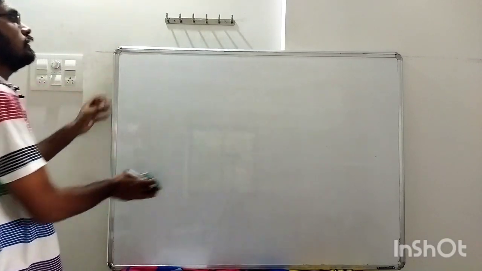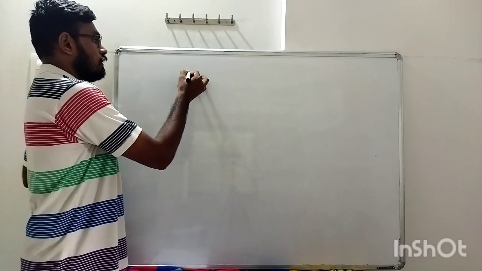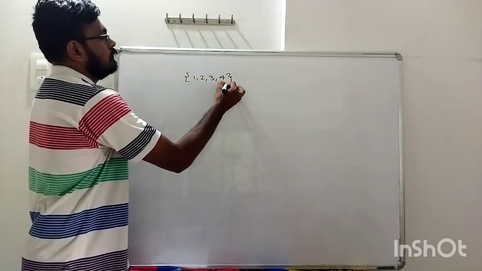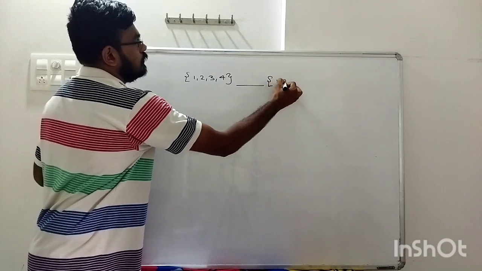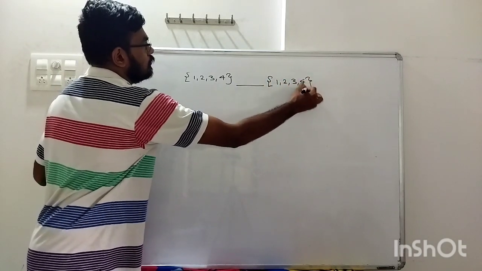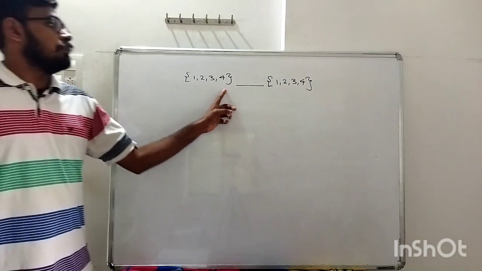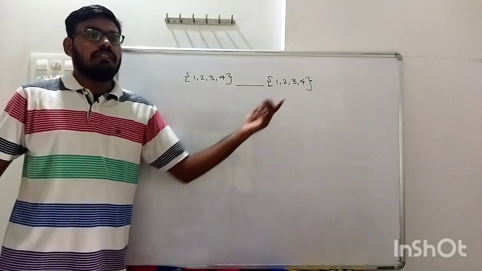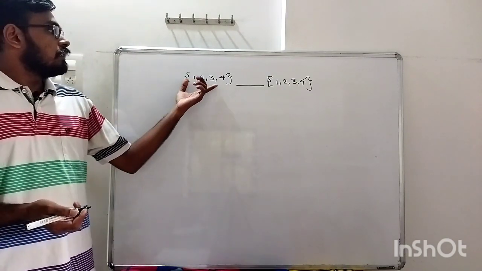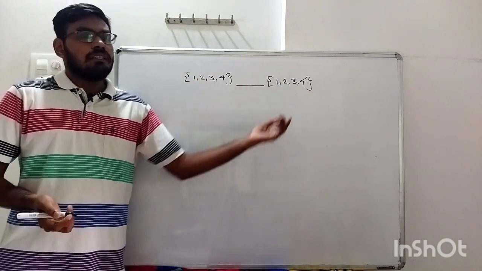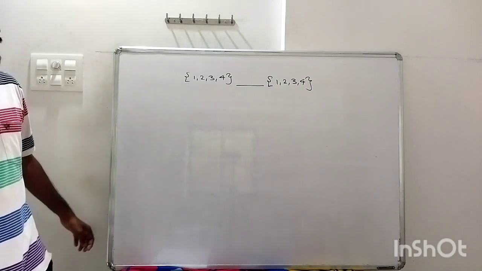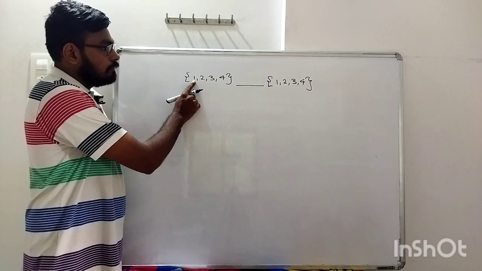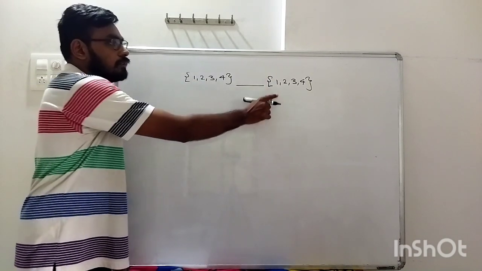Next, 1, 2, 3, 4. This side 1, 2, 3, 4. That side 1, 2, 3, 4. So both sides we have the same set. Now can we say that this is a subset of this? How do we check? See, 1 is there here, 1 is there here also.